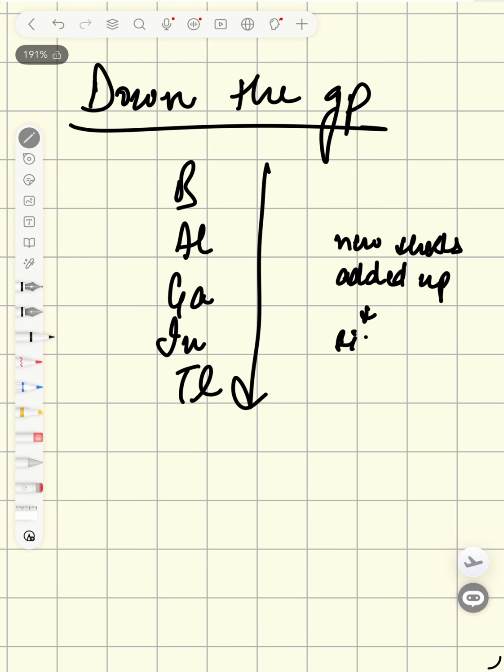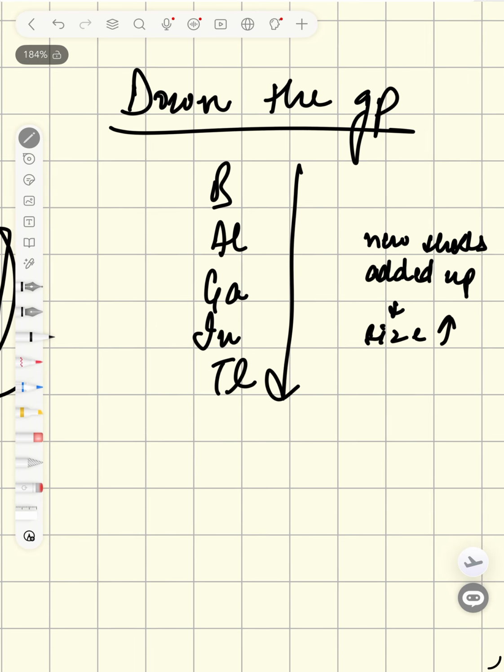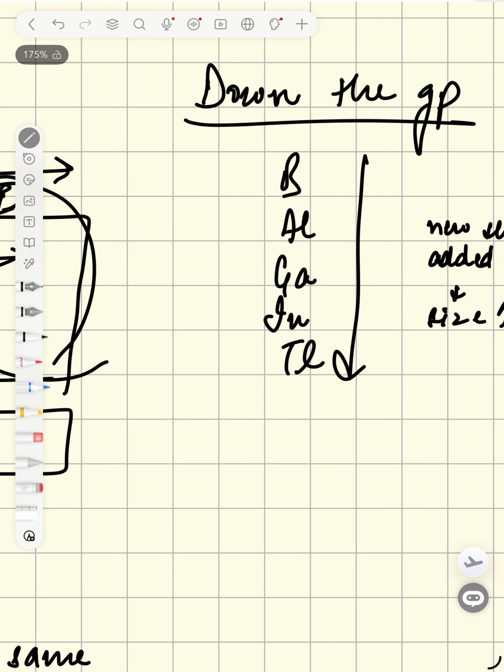Therefore, size should increase down the group. But here, size of gallium is seen to be smaller than that of aluminium. It should be more, but it is smaller than that of aluminium.